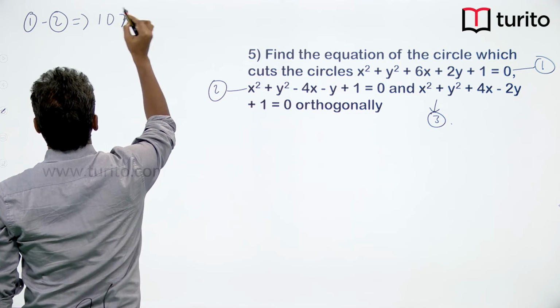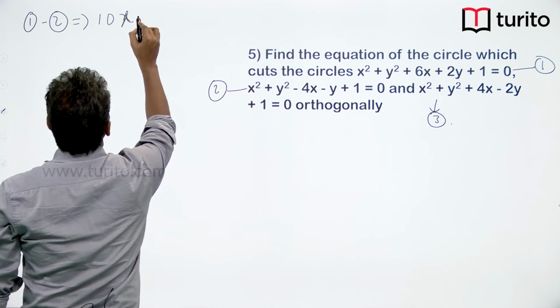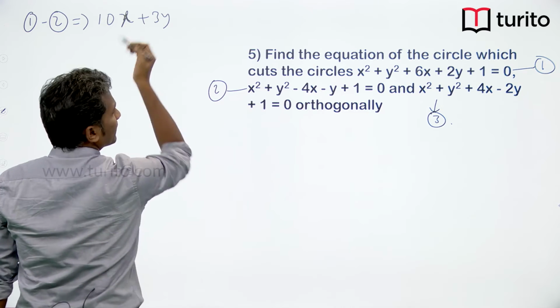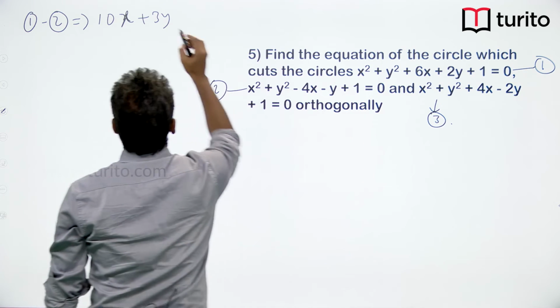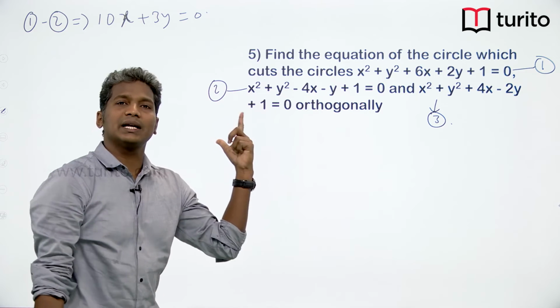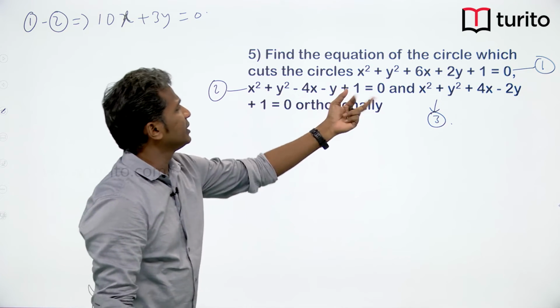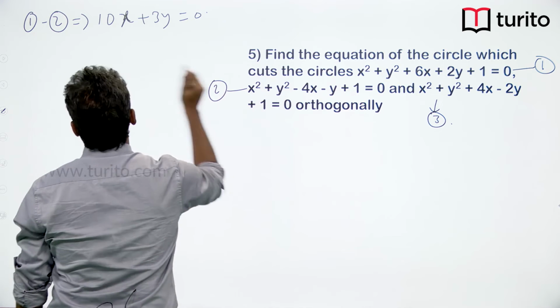This is x, and 2y minus y, it is 3y. 1 minus 1, which is 0. So, this is equal to 0. This is my first radical axis. Now, I will take next two equations, 2 minus 3.